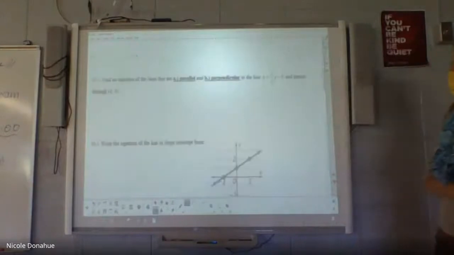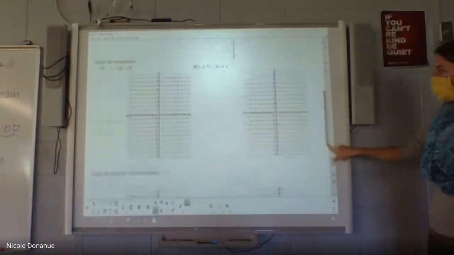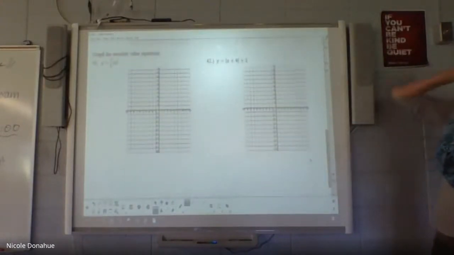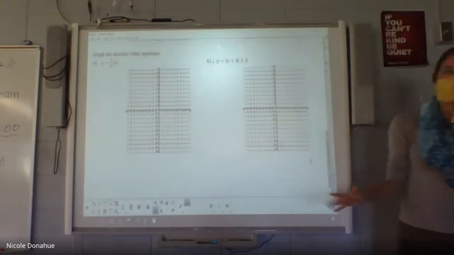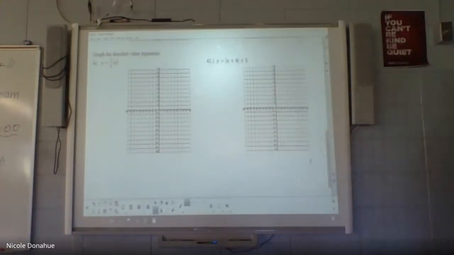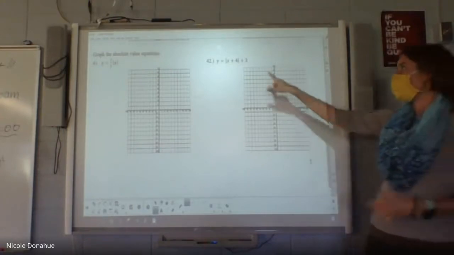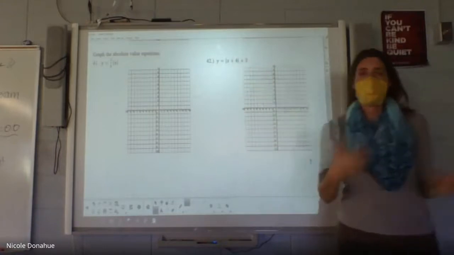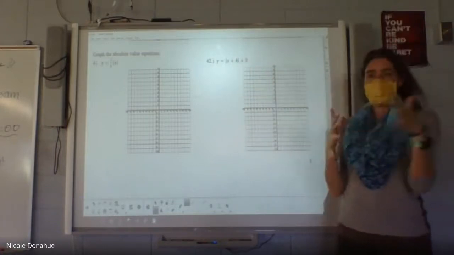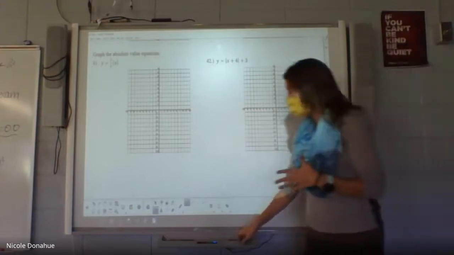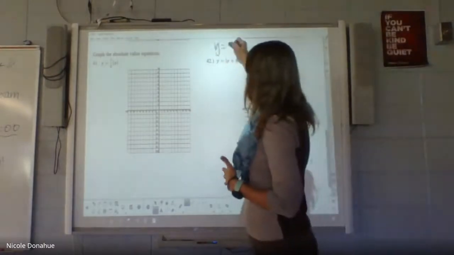All right, going over to 42. So again, with 42, this one is similar to the one we did on our frequently asked question sheet. But now this one, it shifts. So remember, the H shifts it the opposite way that we expect.